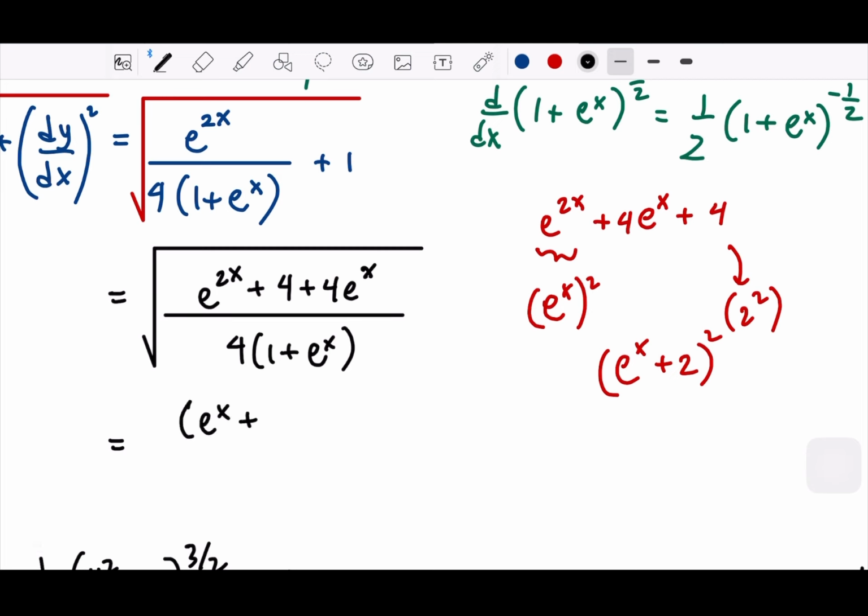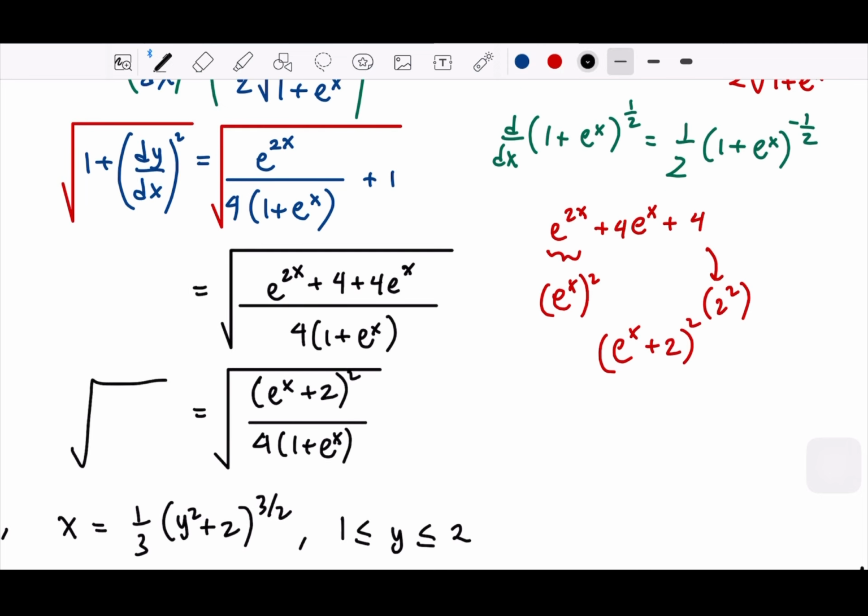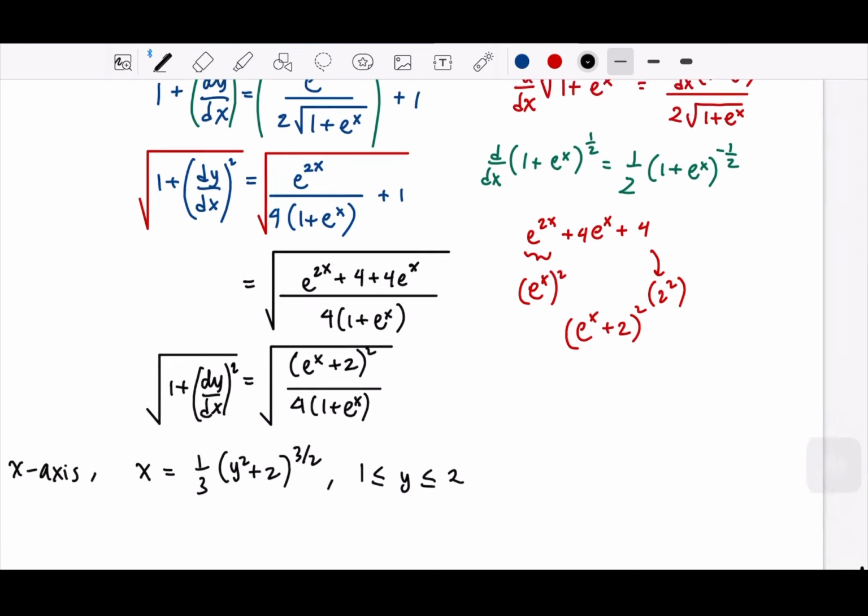So we could make this into e to the x plus 2 squared, right? Oh, I forgot the square root. And then 4 times 1 plus e to the x. That is 1 plus dy/dx squared.